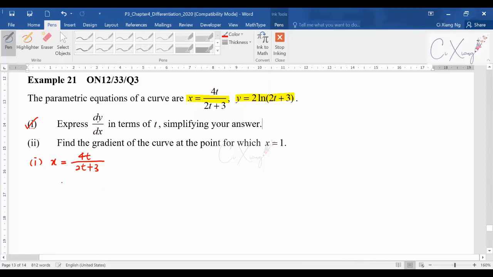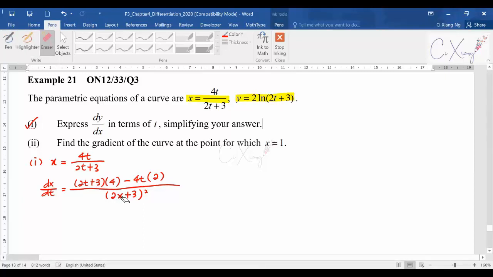To find dx/dt, because this is a fraction, I need to apply the quotient rule. When I apply the quotient rule, you have (2x plus 3) squared at the bottom: you square the bottom, copy the bottom, differentiate the top. Differentiating the top, you have a 4. Then minus, copy the top, differentiate the bottom, which is a 2.